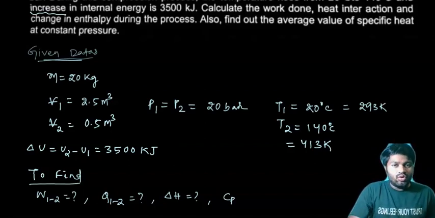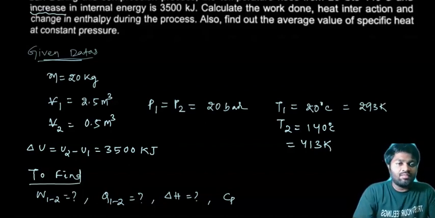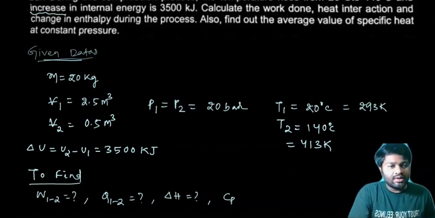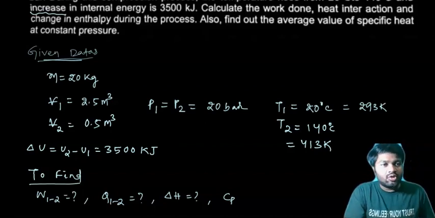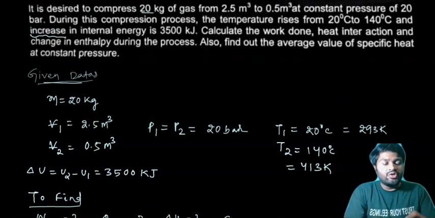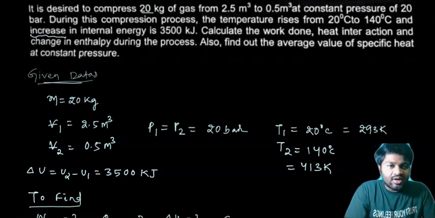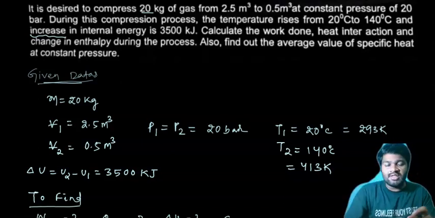Okay. So obviously you can understand this is a question from the first law of thermodynamics when it is being applied to a closed system. That means there is a particular container, right? Okay, and we can say this is a kind of piston cylinder arrangement where a certain amount of mass is fixed inside that cylinder.